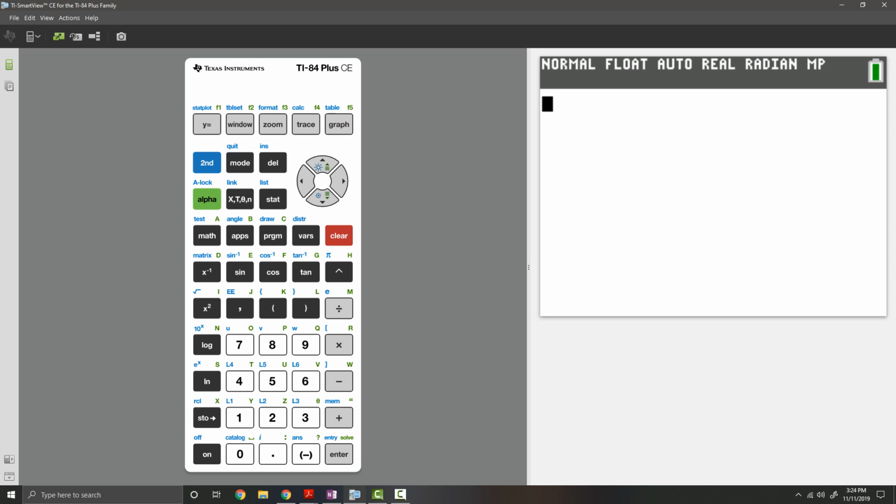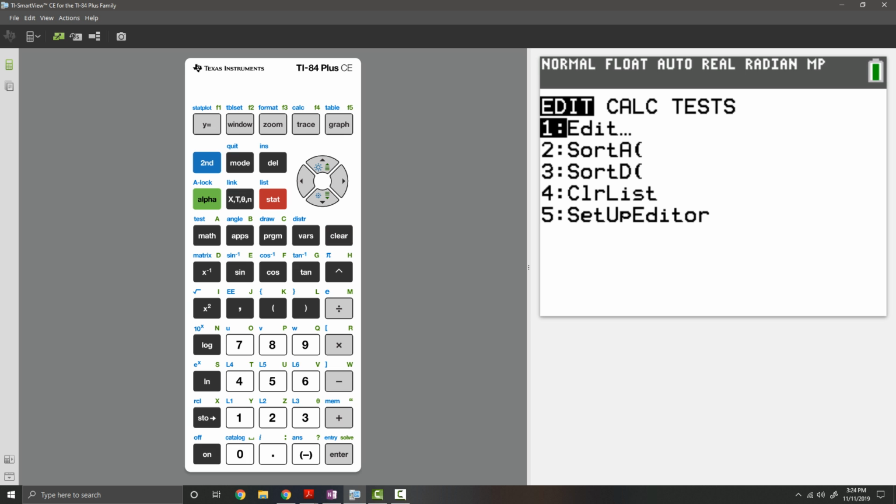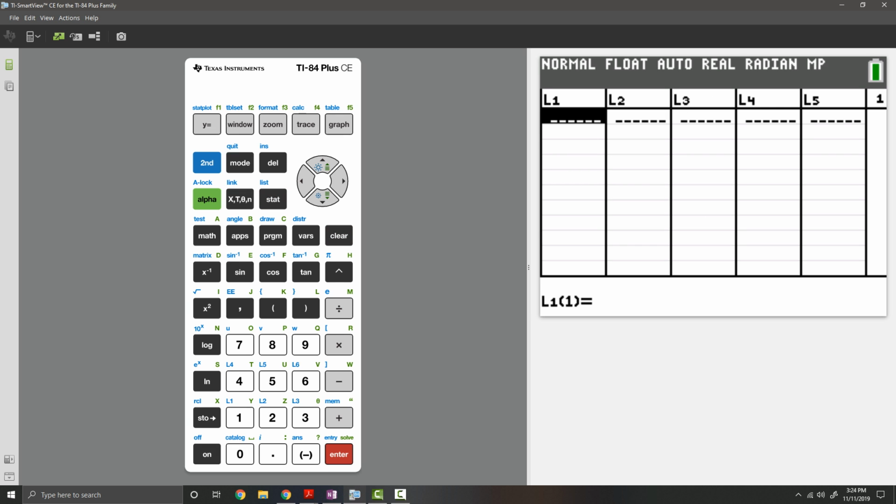So now what we want to do is enter in our data. To do that, you're going to hit stat, and then edit. In L1, I'm going to put my X values: 1, 11, 21, 31, 41, 51, 61.